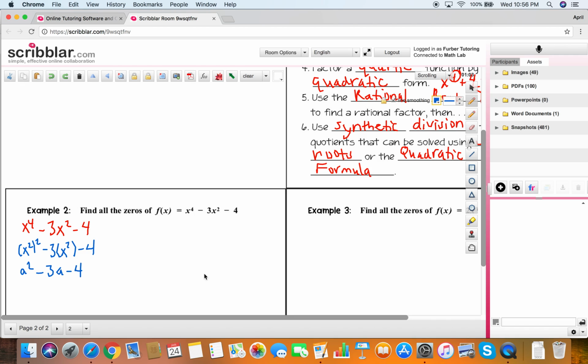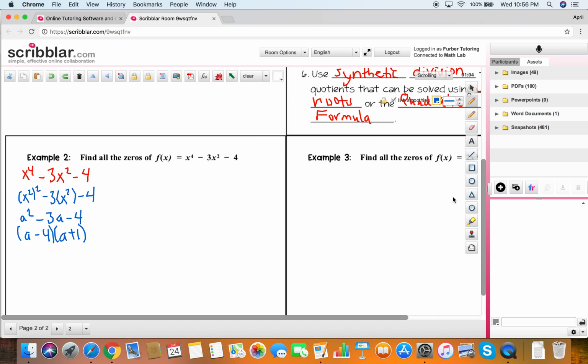Okay? So if I factor that polynomial, it's going to factor into a minus 4 and a plus 1. Those are the values that are going to give me this particular factoring.